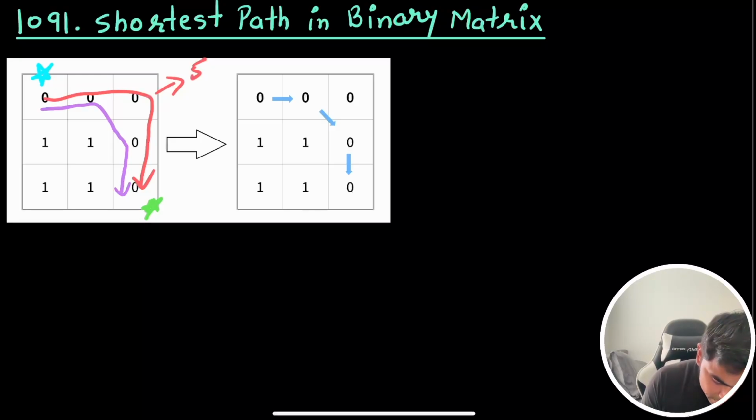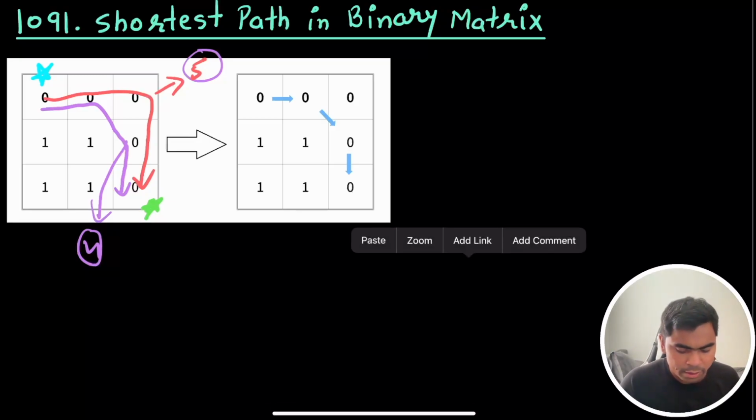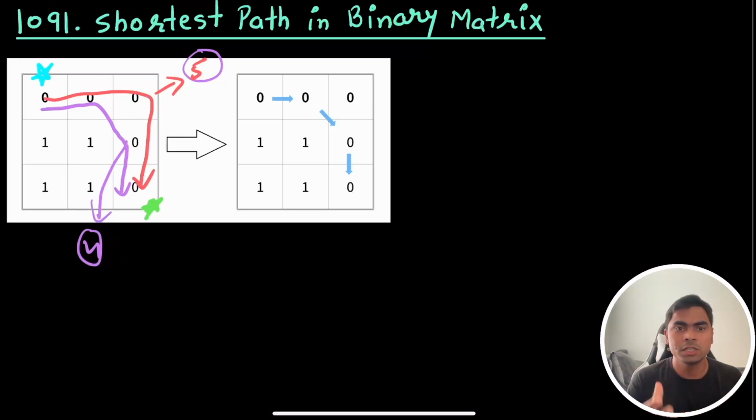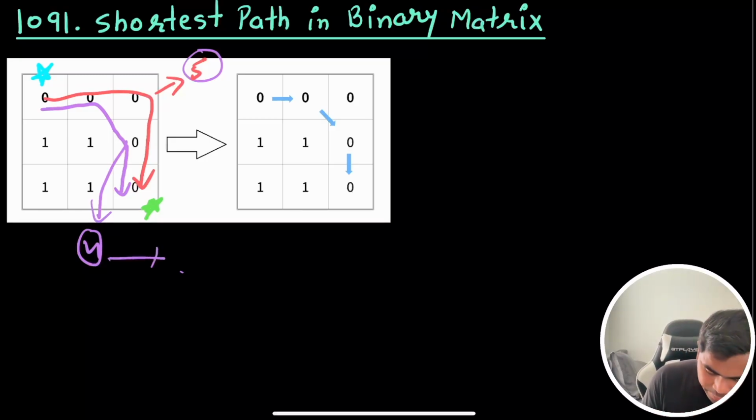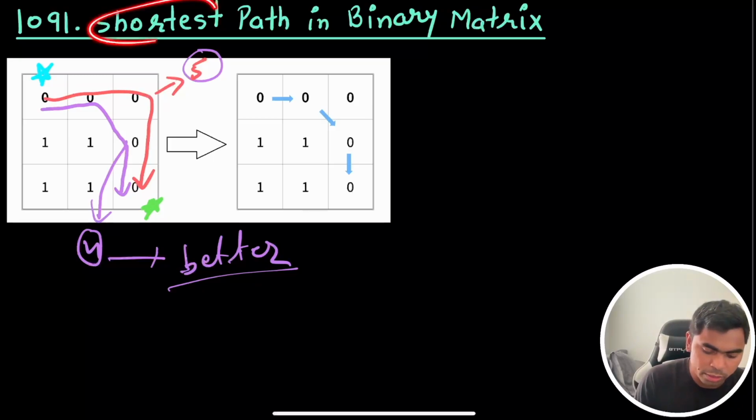In this case you came across four clear zeros. We're trying to count the number of zeros that you encounter while going over there. So of course this is better, because we're trying to minimize the number of zeros we see, and the reason is we're trying to find the shortest path in this binary matrix.